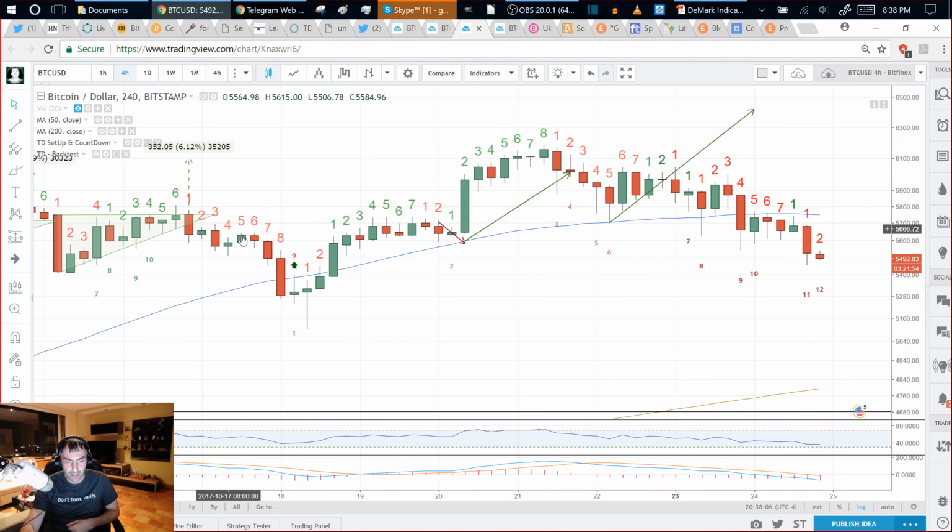There was a 9 here, but one of the conditions that cancels the countdown is a close higher than the high of what made the 9. So the moment this candle number 2 closed above the high of this 1, and it clearly did, this 13 count should have been stopped by my code.